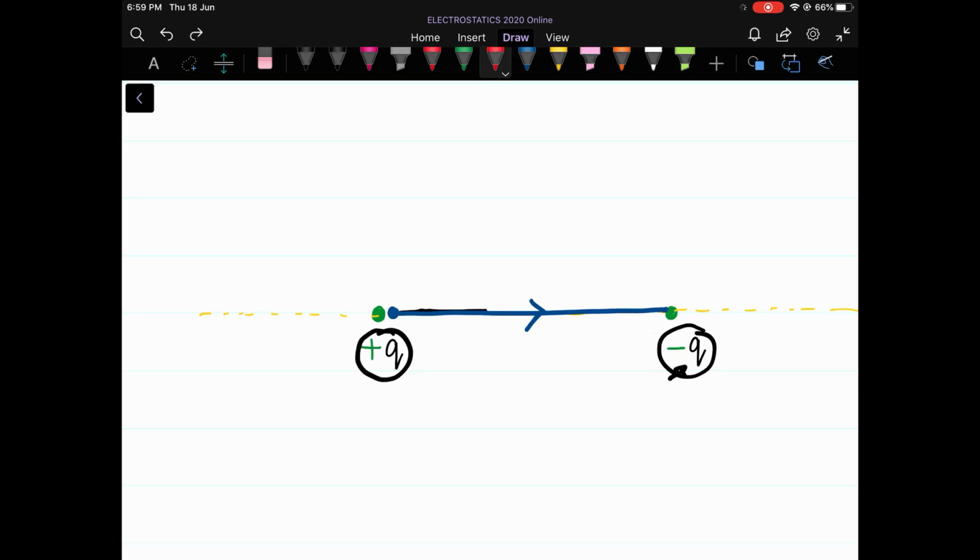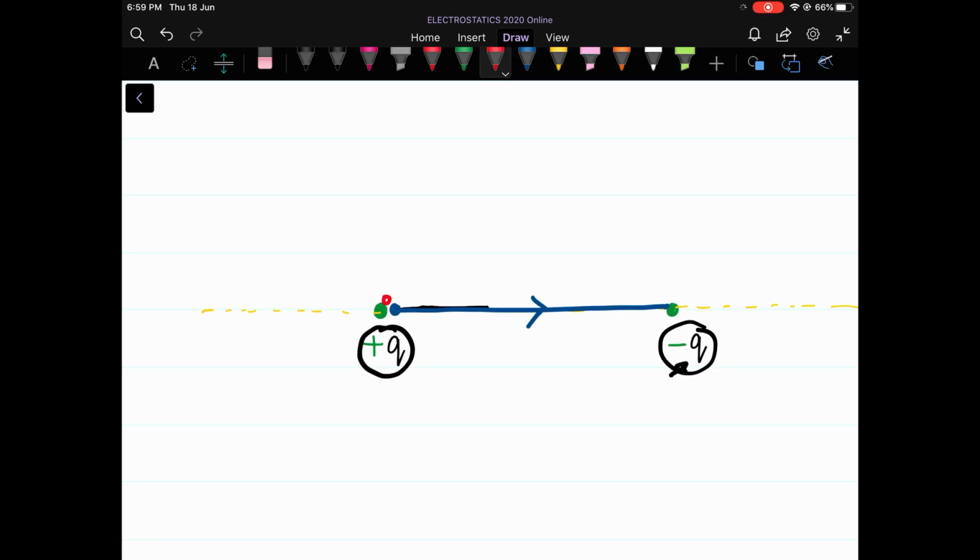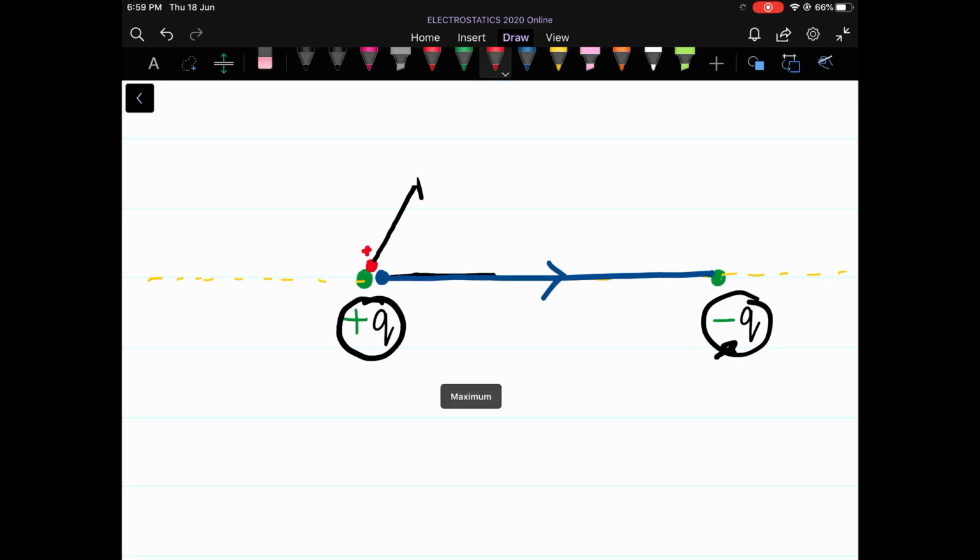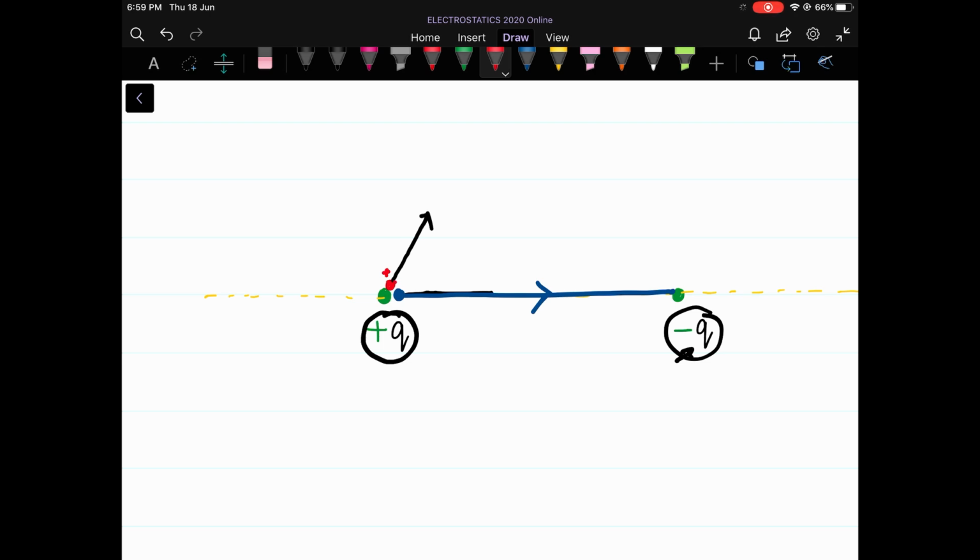Now suppose we have our test charge somewhere here. Then this positive test charge will first be repelled by our positive source charge somewhere in this direction, and our negative source charge is going to attract it somewhere in this direction. I have drawn this bigger in length and this shorter because the repulsive force on this charge will be bigger compared to the attractive force on this positive test charge, because you can see our negative source charge is very far and our positive source charge is very close.